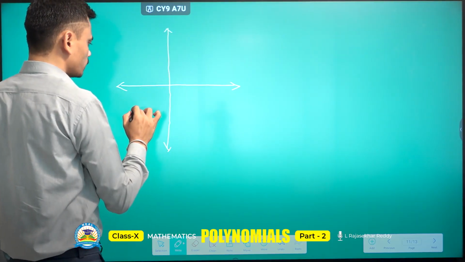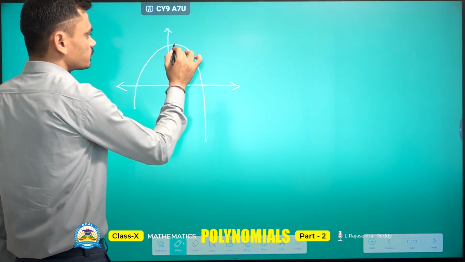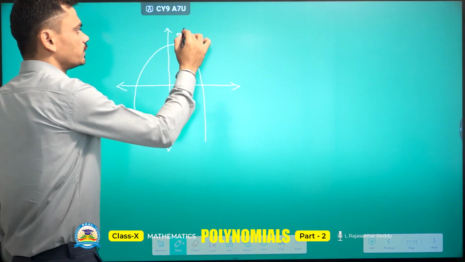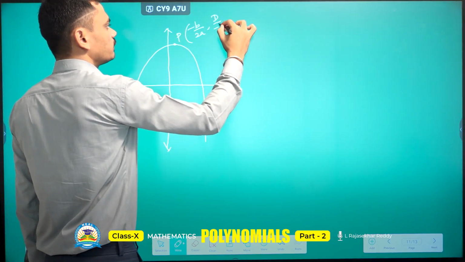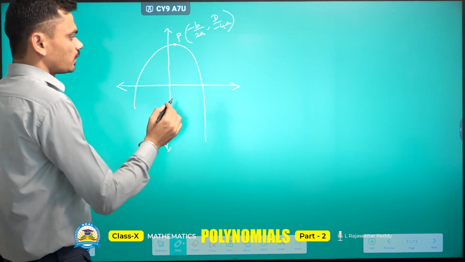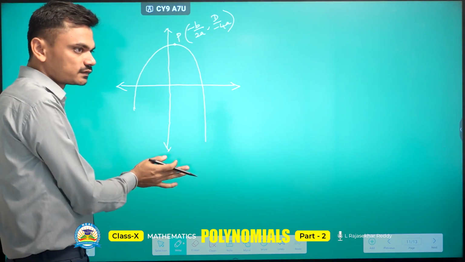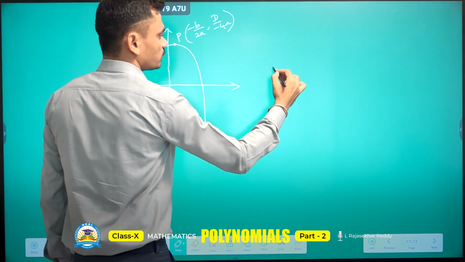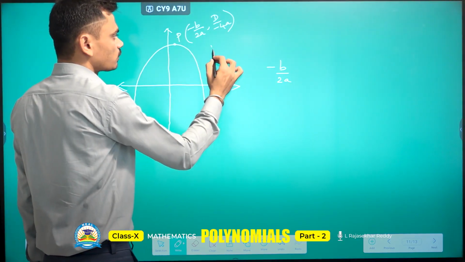See, one graph I have drawn like this. The maximum point, for example this one. So here the coordinates are minus b by 2a and the y coordinate is minus d by 4a. Now here the curve is open downwards, so the a value is negative. Minus b by 2a, it is in the second quadrant.